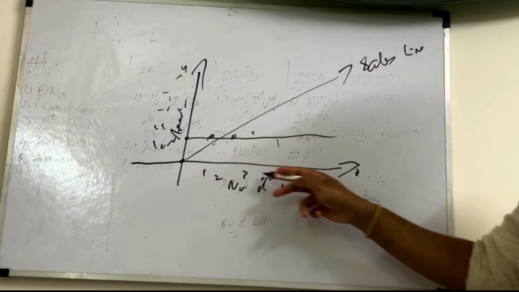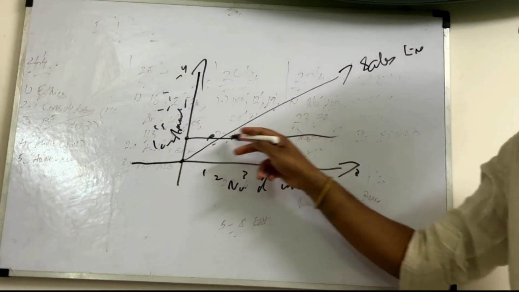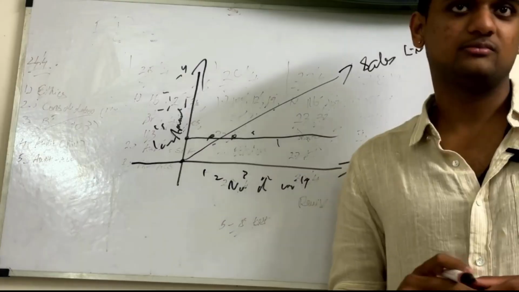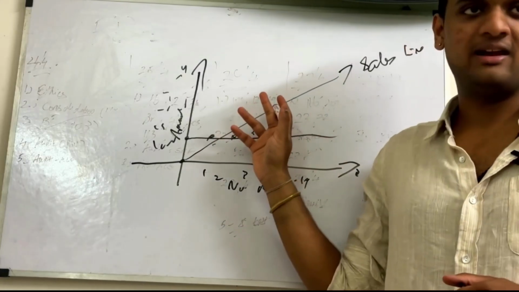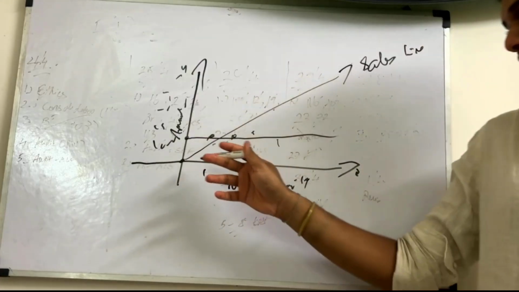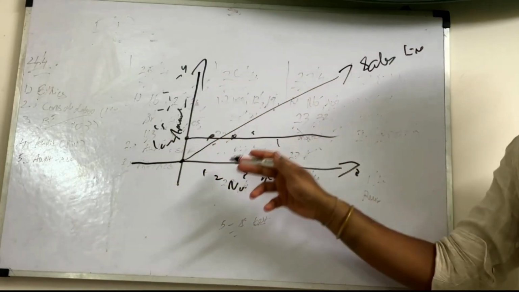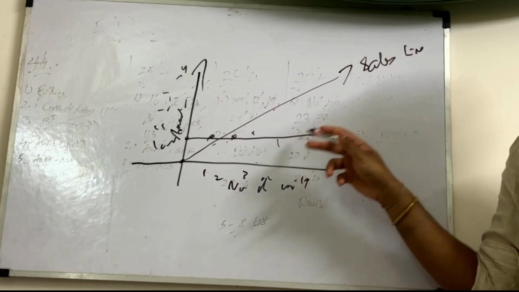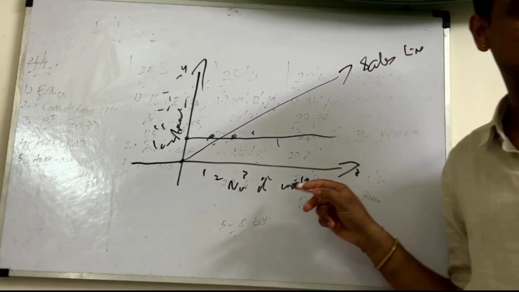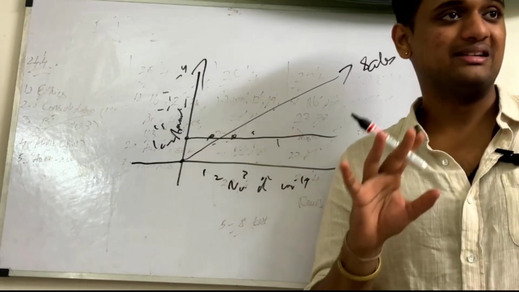As the number of units keep on increasing, my fixed cost amount will remain the same. It will not change. What is this line? Sales. As the number of units keep on increasing, my sales amount will keep on increasing. Fixed cost. As my number of units keep on increasing, my fixed cost is going to remain the same.